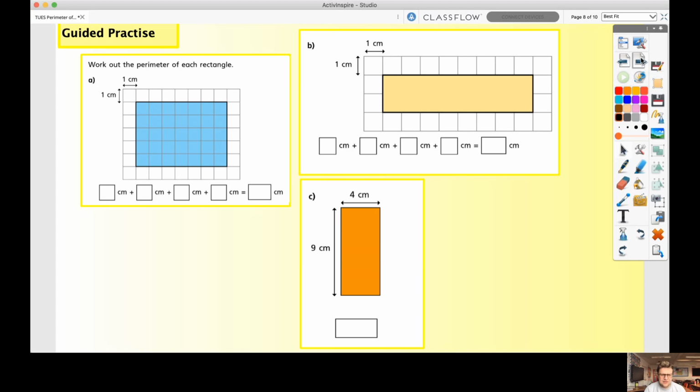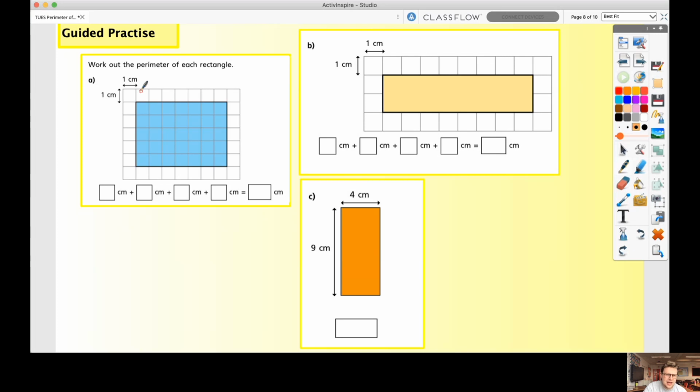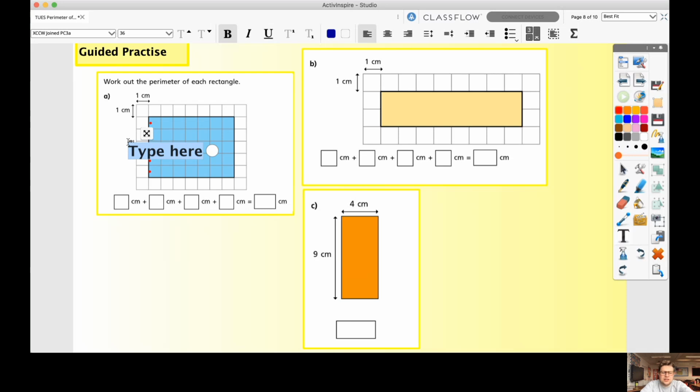Hopefully that's helped you a bit, ready for your guided practice. Now, you're not given the sides on all of these, but remember what we said when each square is 1 centimeter. So let's do the first one together. Let's do A. So we have got, let's count those squares. We've got 1, 2, 3, 4, 5, which means that this side is 5 centimeters.